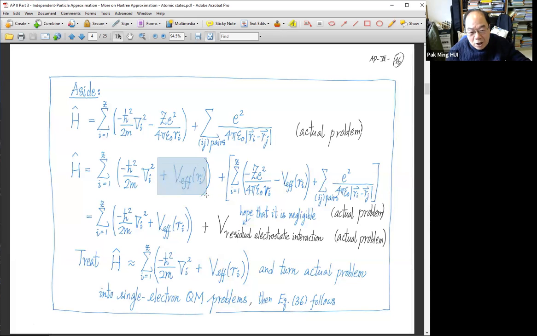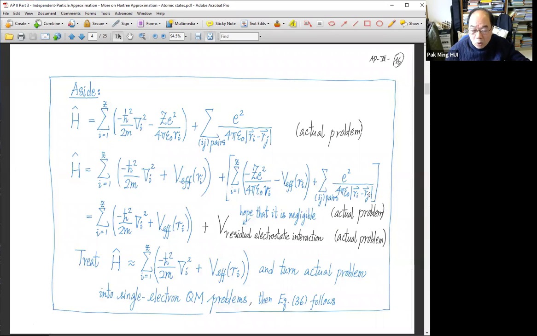I add this term, I subtract this term out, so I haven't done anything. So the second line is still exact, the actual problem. But let's look at the remaining terms. I have the nucleus term, I have this term, I put it there. I add in a term, I subtract out a term, I add 0. So this is also the actual problem.